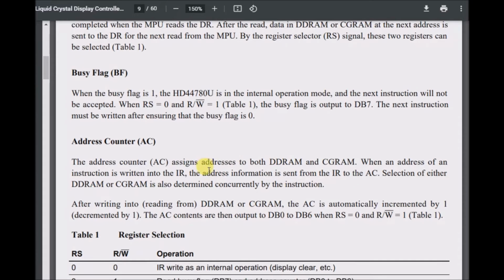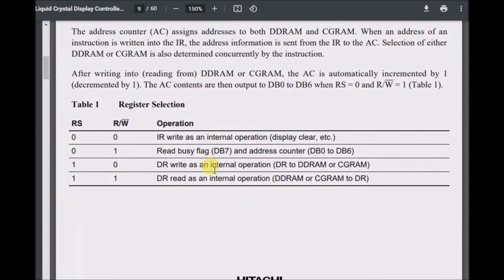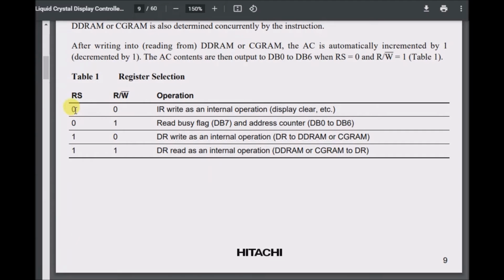Table 1, register selection. RS is 0 when RW is 0 also: IR write as an internal operation, display clear, etc. When RS is 0 and RW is 1, read busy flag DB7 and address counter DB0 to DB6.